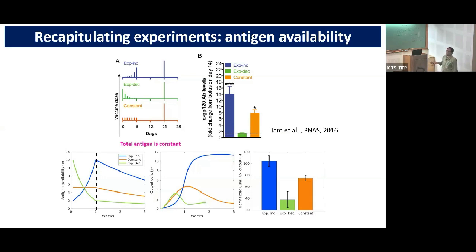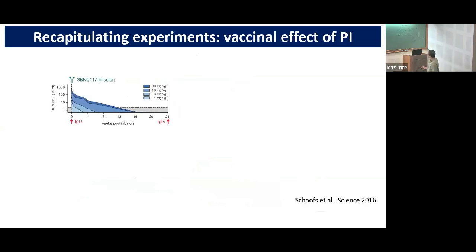So you arrest the evolutionary process much sooner than otherwise. So this is an interesting way of recognizing that this quality-quantity trade-off exists and that this antigen availability is a handle to tune this trade-off.